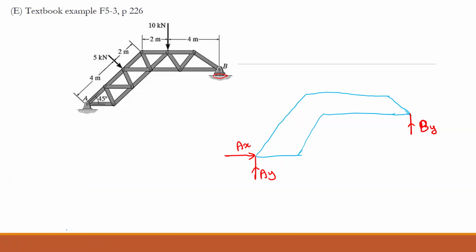I need to draw all the forces acting on the structure, isn't it? So we have this and this as well. So I need to draw this as 5 kilonewtons and also 10 kilonewtons at 2 meters from here and 4 meters from here. Are we good?